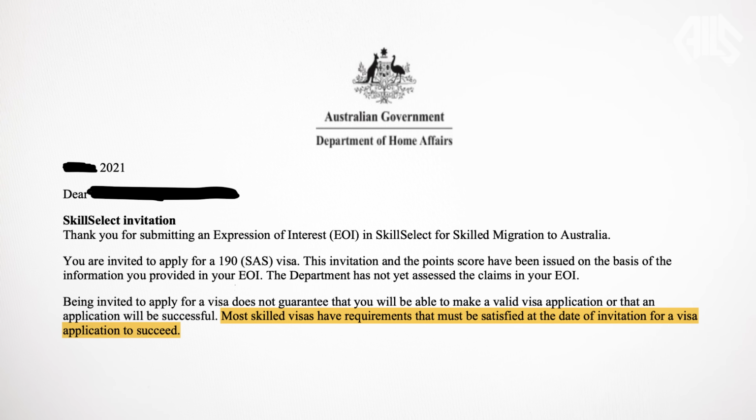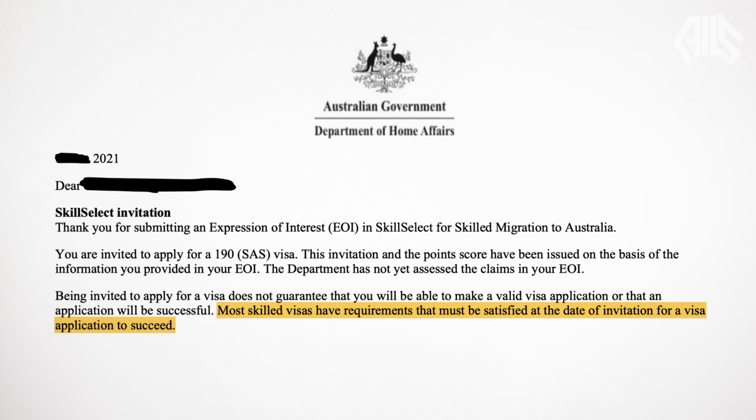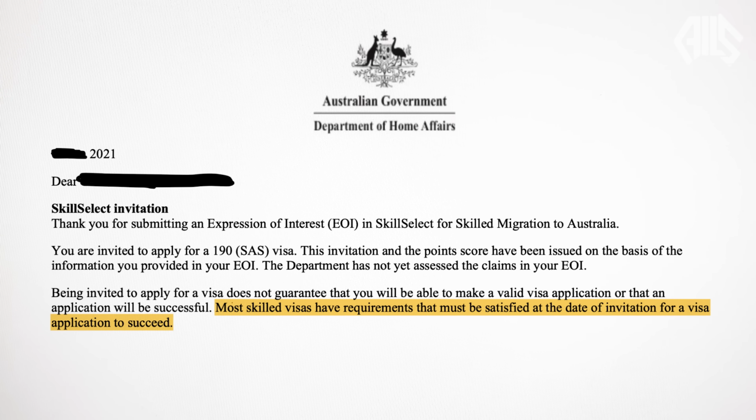Even the standard invitation letters sent out to all EOI applicants so they can lodge their 189, 190 or 491 visas state the following: most skilled visas have requirements that must be satisfied at the date of invitation for a visa application to succeed. And when you make your IMI account and fill out that application form, again, there is no warning that partner qualification points are assessed not at the time of invitation, but at the time of decision.